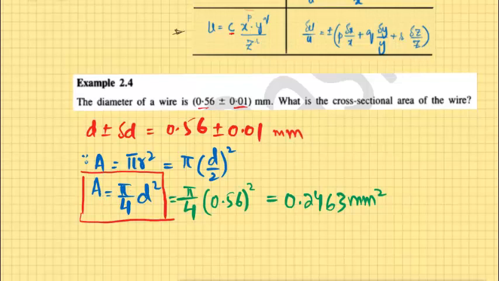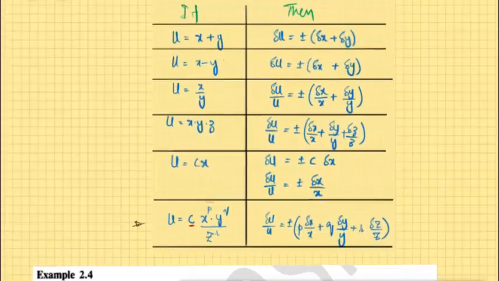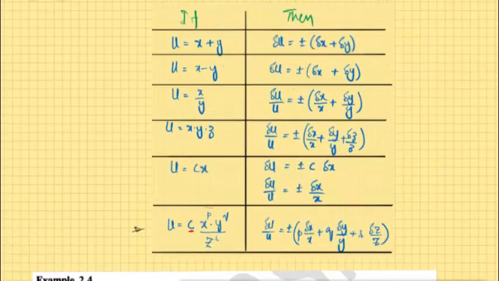Secondly, my equation has a variable that has some power, like here x with some power p. The only difference is that in this equation I have 3 variables, x, y, z.